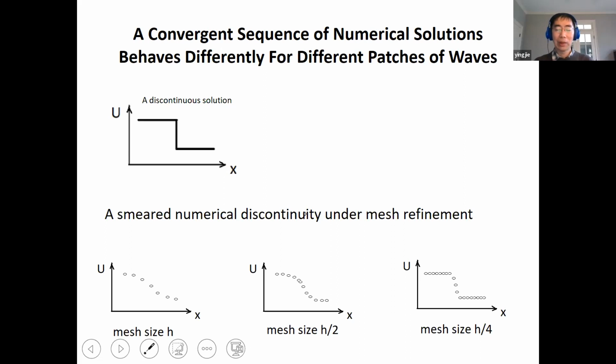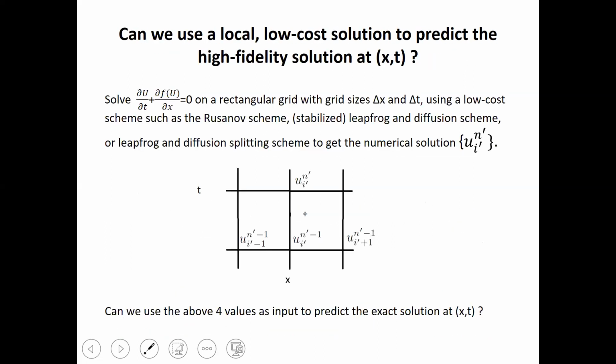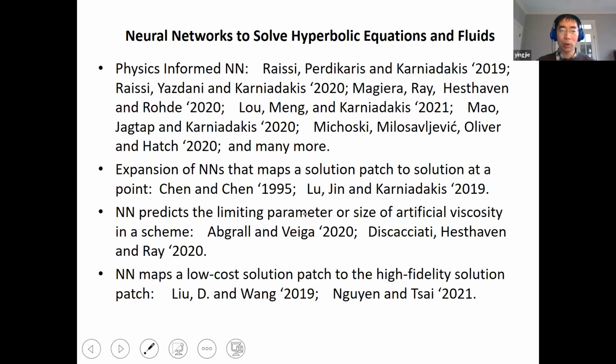Thank you, George. So actually, there are works besides the work George just mentioned. Let me go back to the reference list. I already found 2 works. They use the local solution patch to predict high fidelity solution patch. For those of you interested, our work is closely related to this work and also to the work George just mentioned.